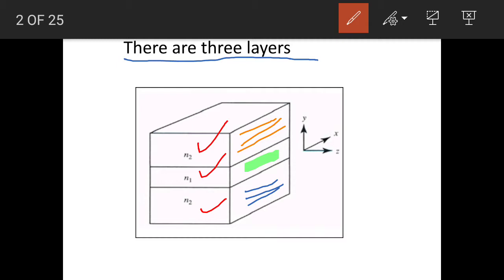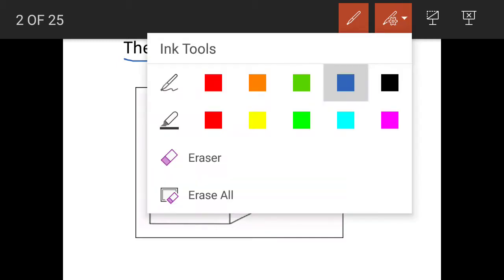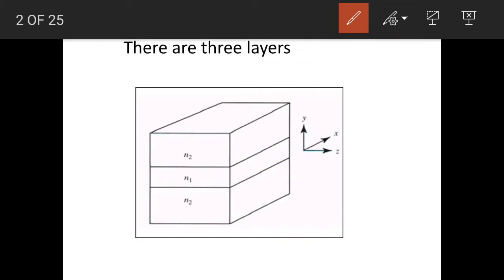You see, N1 is greater than N2. The refractive index of the central layer of the symmetrical slab waveguide is greater than the refractive index of the top as well as bottom layer.